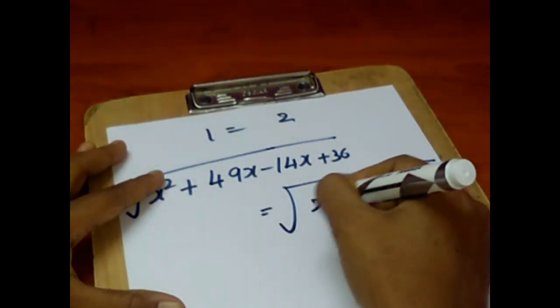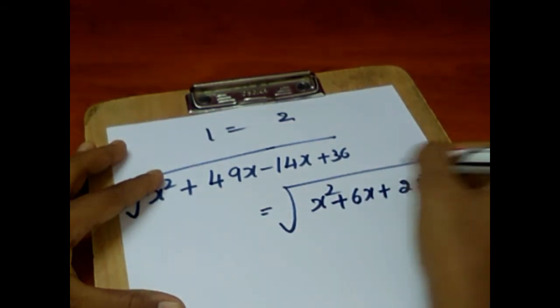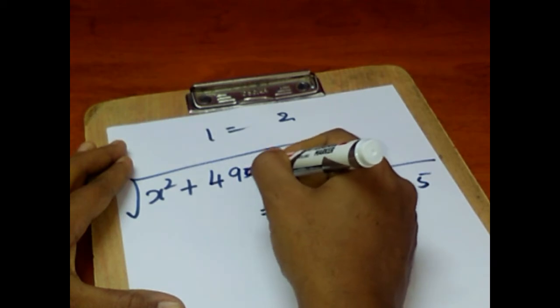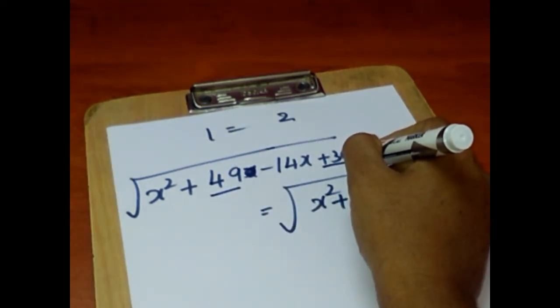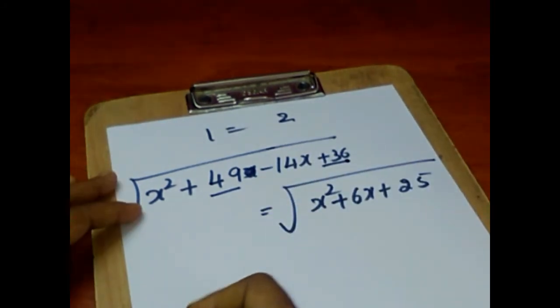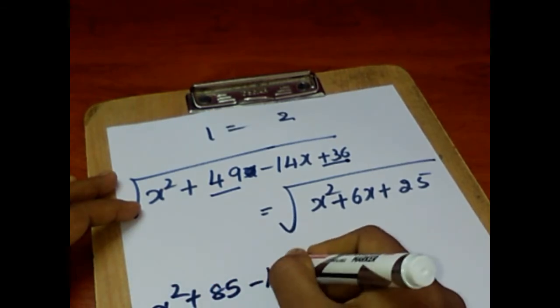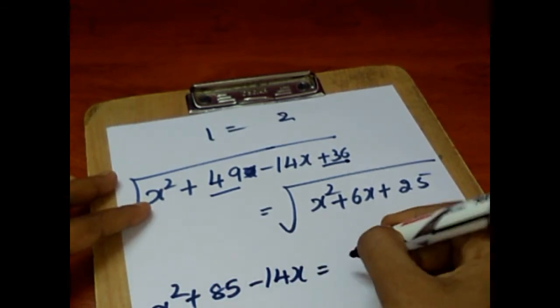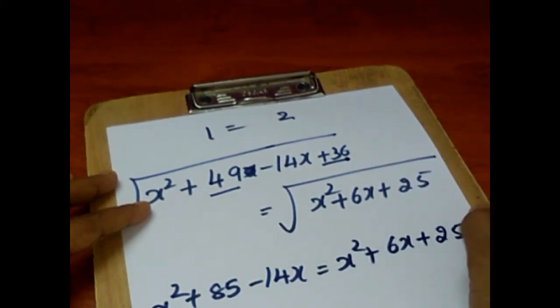Okay, let it be. Square root of x square plus 6x plus 25. So here this is not 49x. 49 plus 36, it can be taken as 85. x square plus 85 minus 14x is equal to x square plus 6x plus 25.